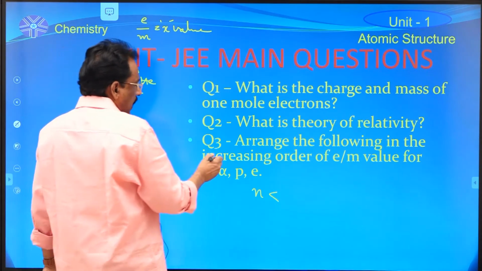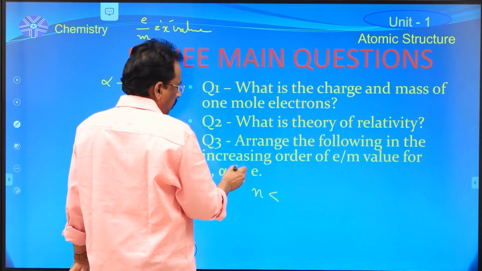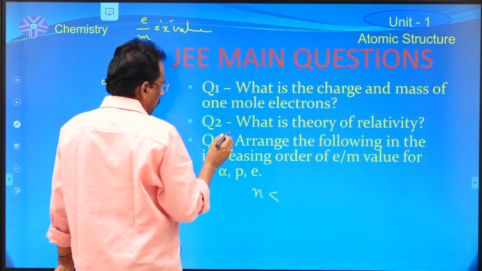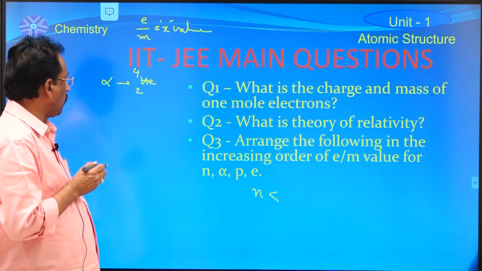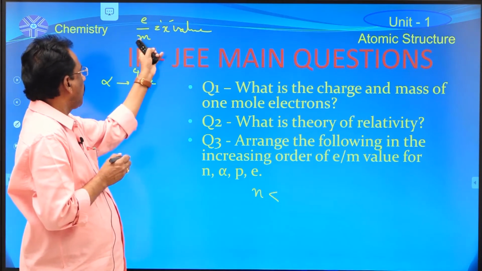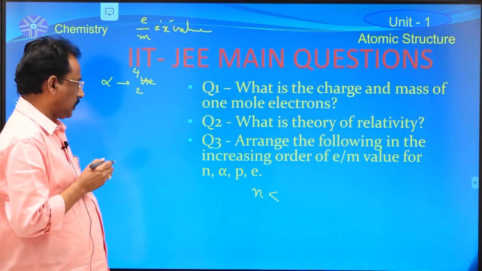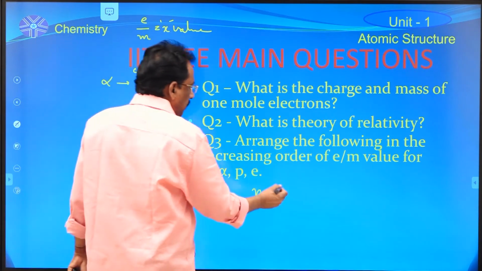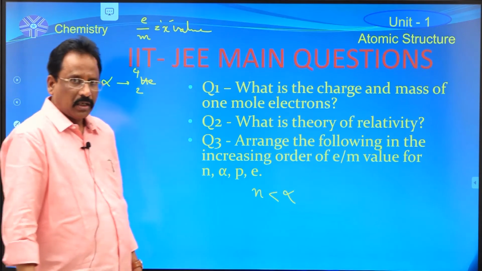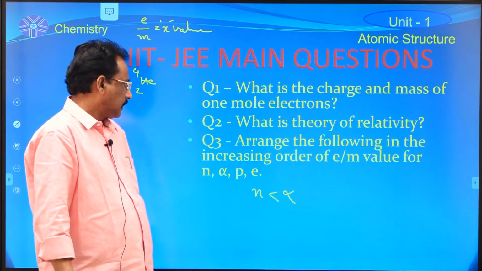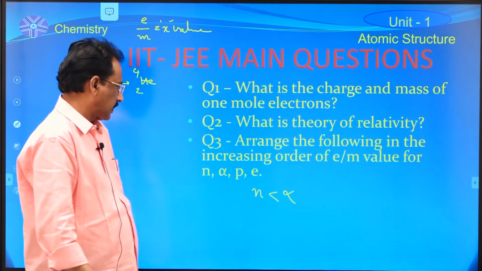So, among alpha particle, proton and electron, in the case of the alpha particle, mass is 4 AMU, and mass and this value are inversely proportional to each other. That is why, when compared with the proton and electron, for the alpha particle the specific charge is less.